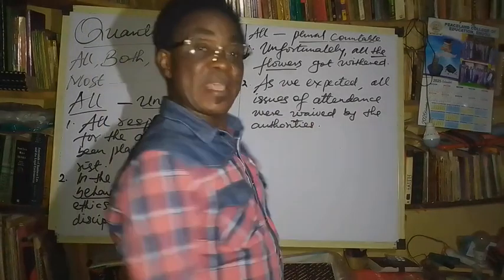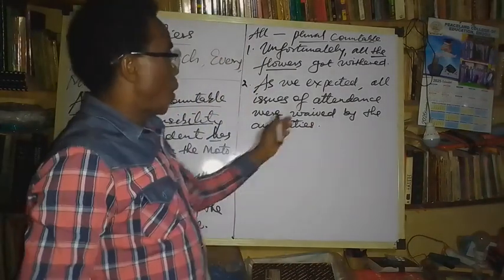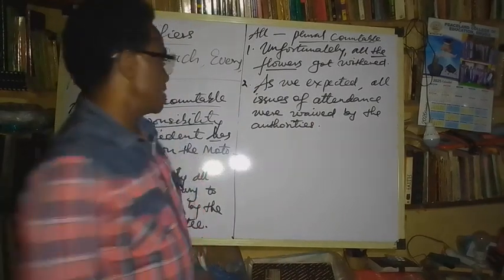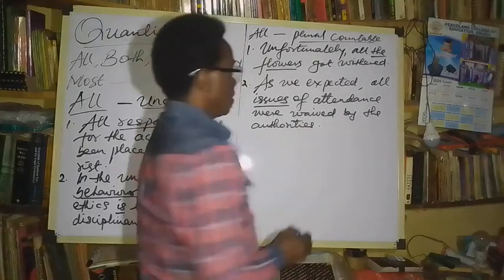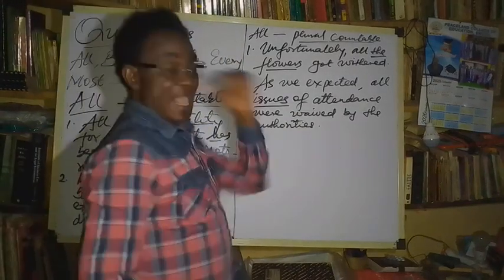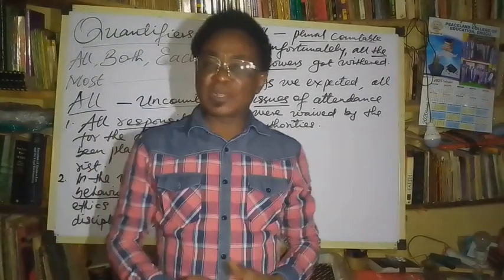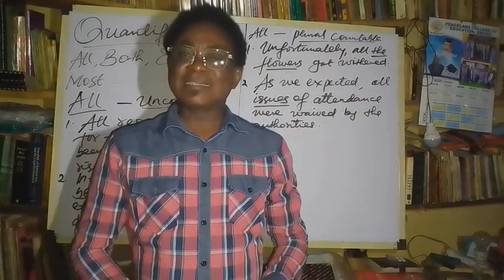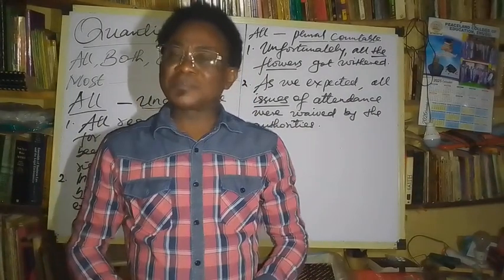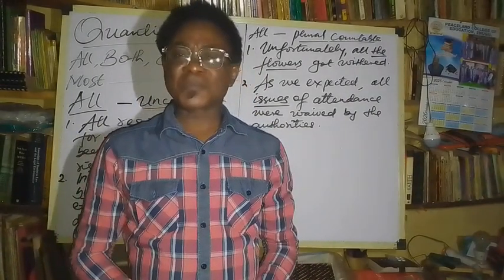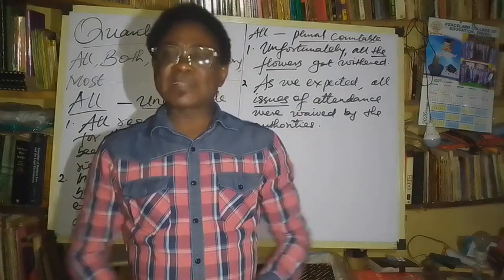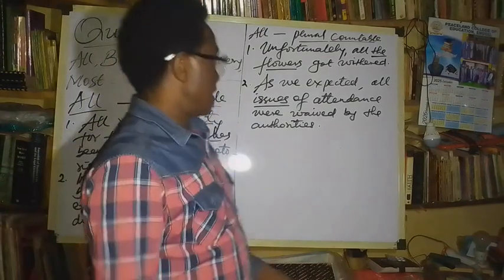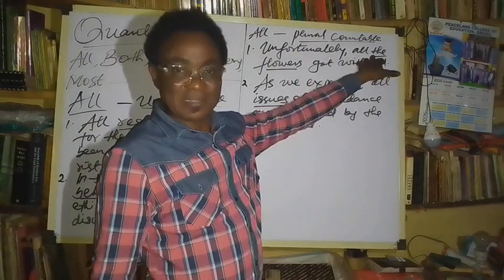It says, as we expected, all issues of attendance were waived by the authorities. All issues. So, if the plural countable noun is not one that is already known by the listener, or one that the speaker is talking about for the first time to the listener, then the article the could be omitted.